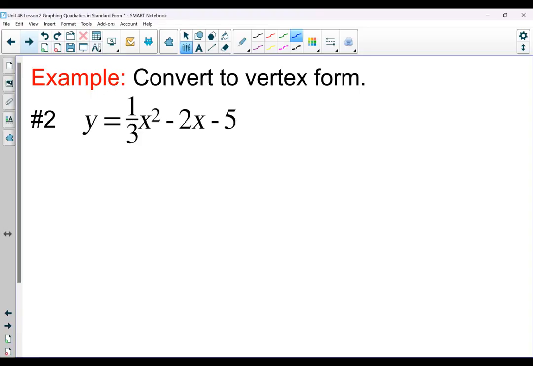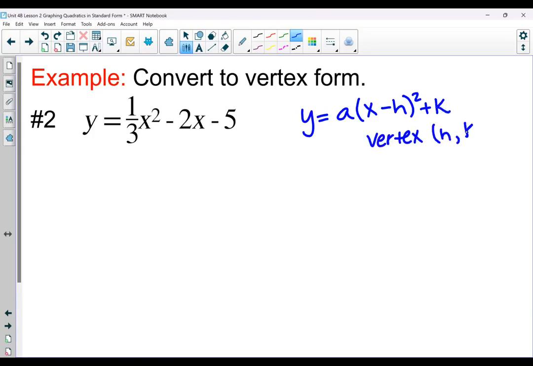So we talked about how in vertex form, when x has a coefficient of 1, our vertex is shown to us as h comma k. And we talked about in this set of notes how to find the vertex of a parabola in standard form. We also talked about how a has the same meaning in both forms.